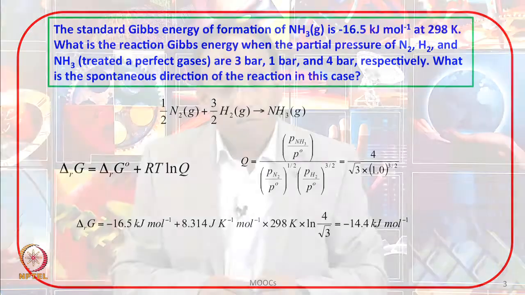See, reaction Gibbs energy is turning out to be negative. Reaction Gibbs energy is actually the slope of Gibbs energy against the extent of reaction. And if the slope is negative, that means the reaction in the forward direction is spontaneous.